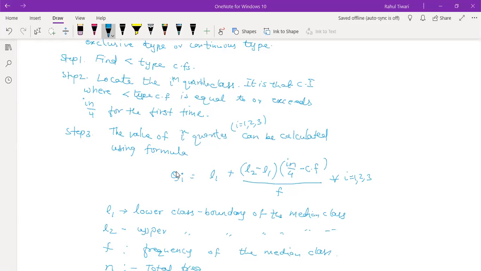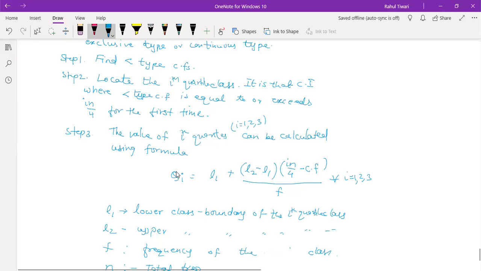So I will make changes in the L1 also. Everywhere you're supposed to write quartile, not ith quartiles, because we've written for the general case. Now, the ith quartile class.